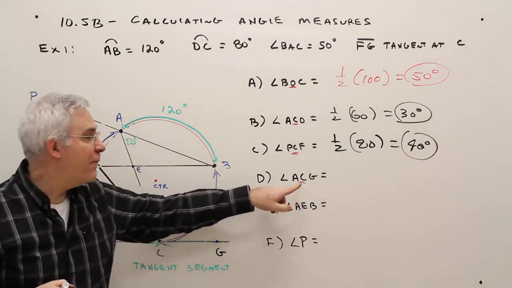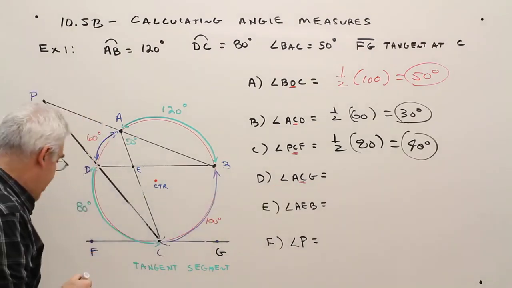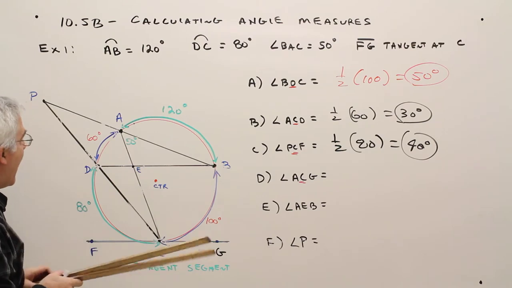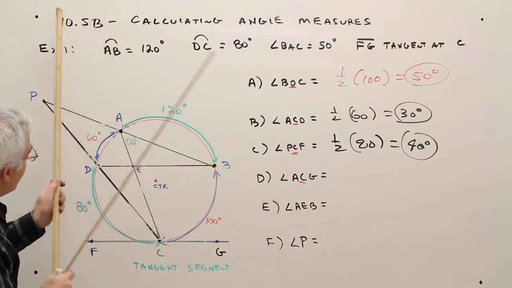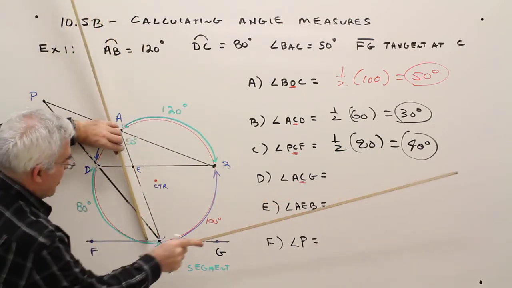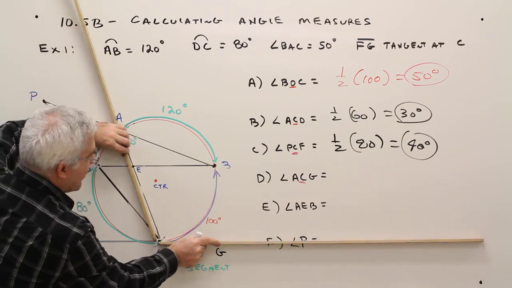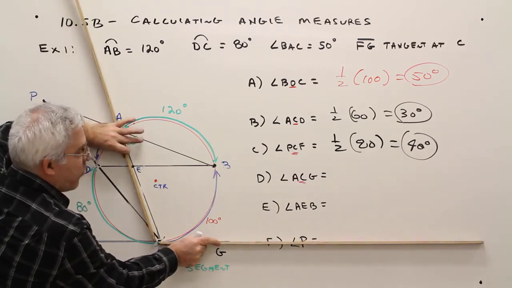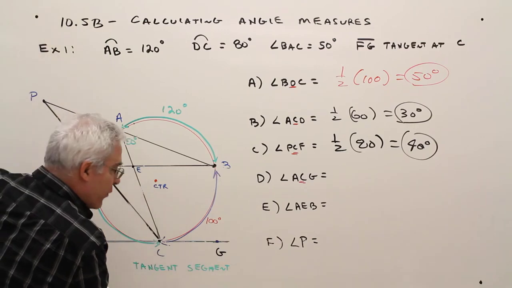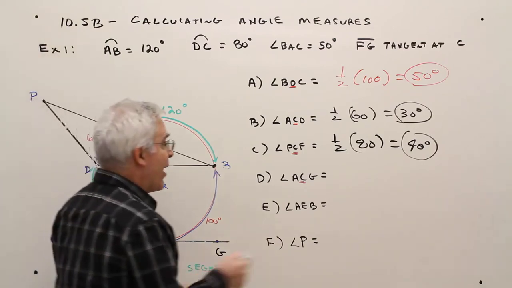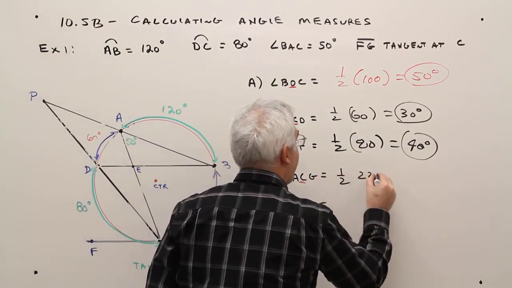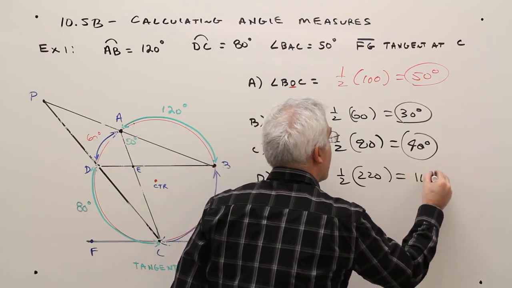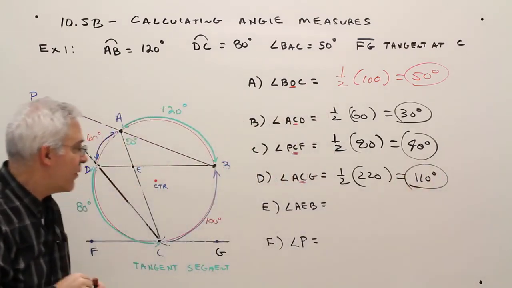Again, the vertex is on the circle, so it'll be half the intercepted arc. ACG looks like that. The intercepted arc is 120 and 100, that's 220. So again, showing my work, 1/2 of 220, that's 110 degrees.